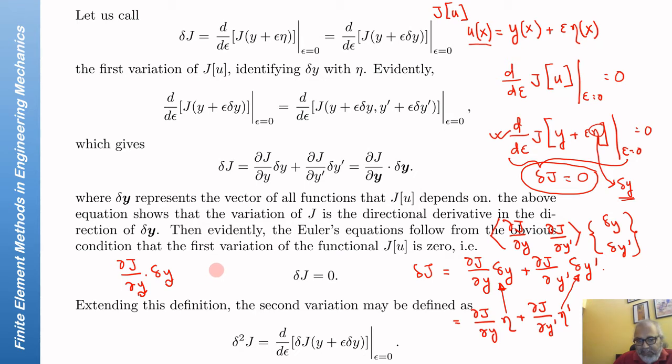So delta y is the collection of functions on which J depends, which is y and y prime. So delta y and delta y prime is what delta y is.